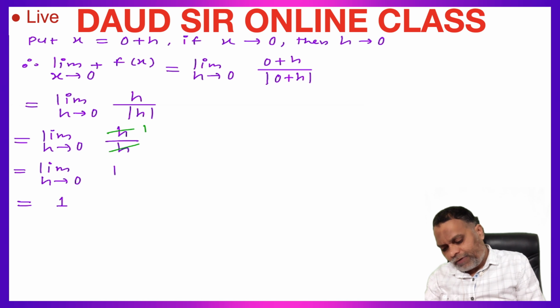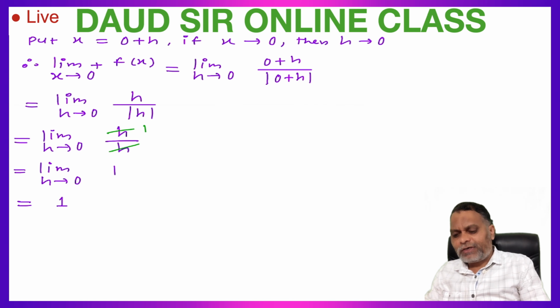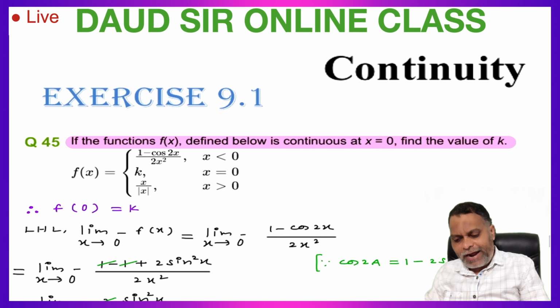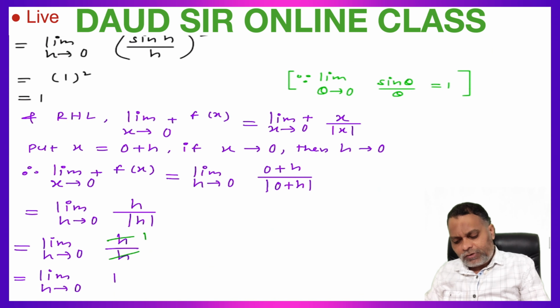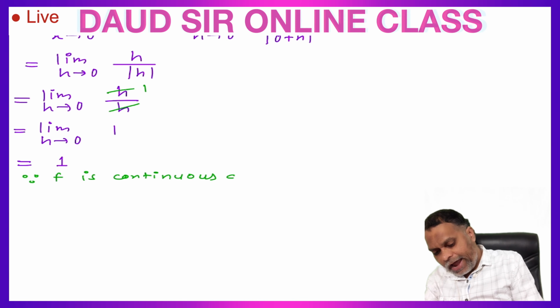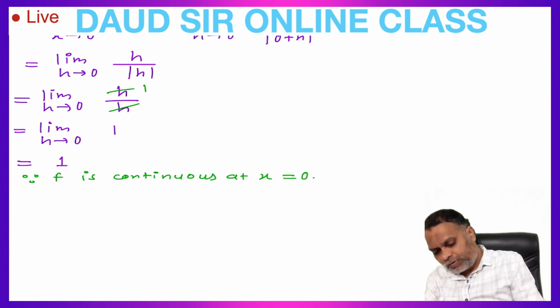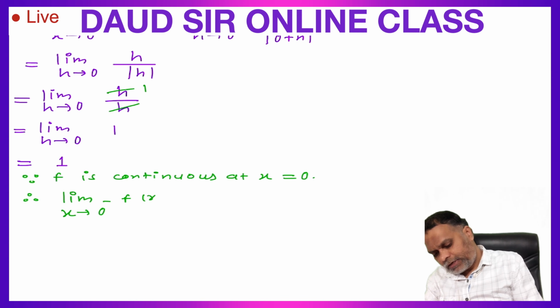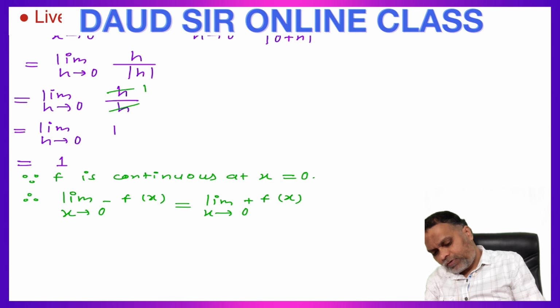Since the given function is continuous at x is equal to 0, since f is continuous at x is equal to 0, therefore left hand limit is equal to right hand limit is equal to f of 0.